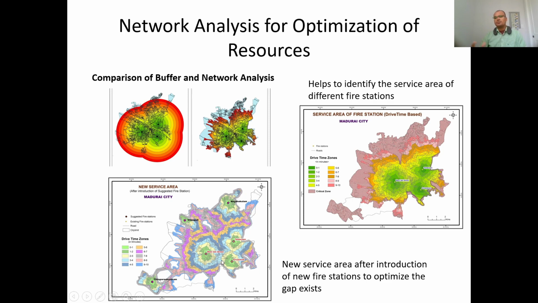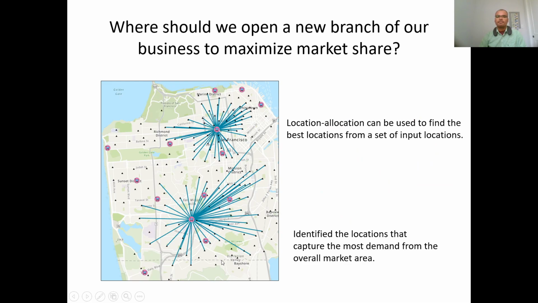Like this, you can optimize the resources, or you can do better planning with the help of this kind of network-based tools. Even you can use these tools, especially location allocation tools, to identify the best location to start a new business. And nowadays, many businesses establish their branches or franchises based on this kind of scientific analysis.